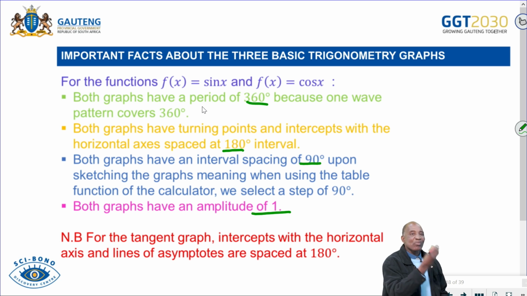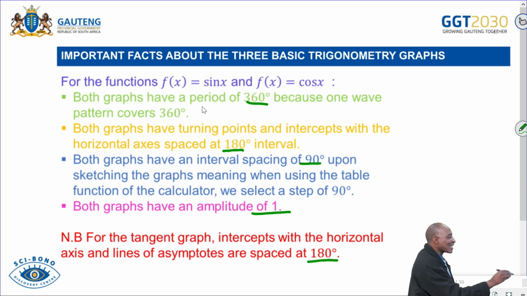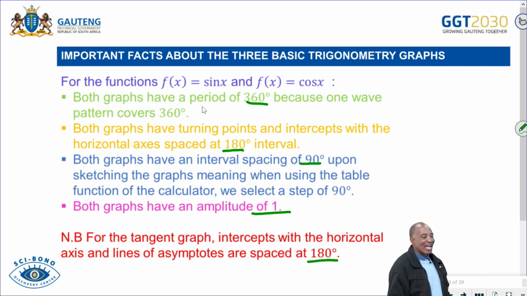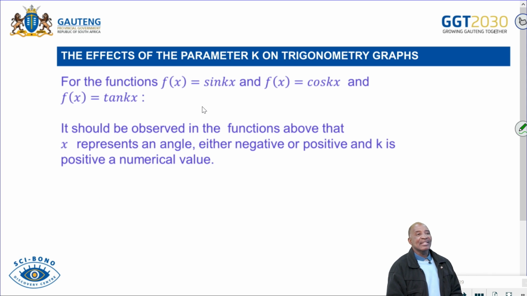Those are the most important things on these two functions. Then for the tangent graph, we'll always have a period of 180 degrees, and the lines of asymptotes will also space themselves out after every 180 degrees. Same applies to the curve itself. It will space itself out after every 180 degrees.